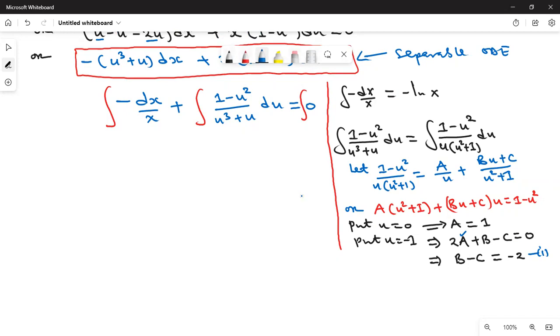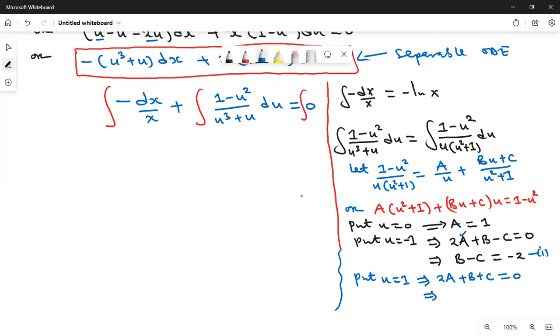Then what about if I substitute, let's see, put u equal to positive 1. What do we get? It will be 2A plus B plus C is equal to 0.